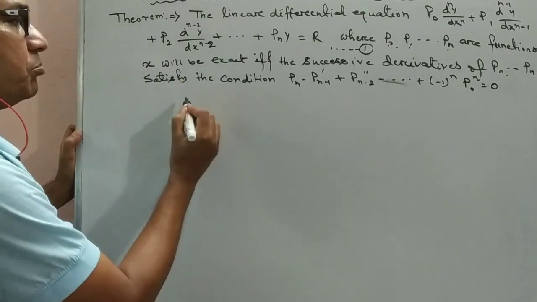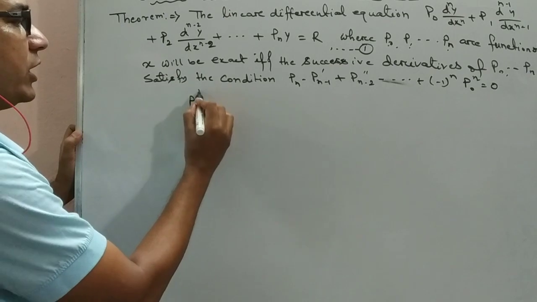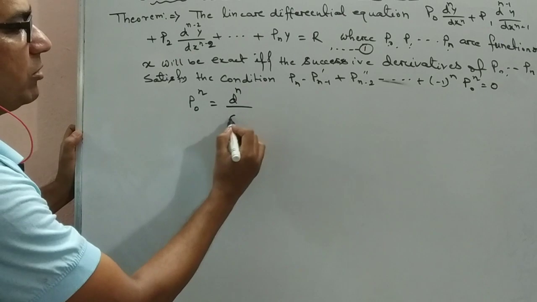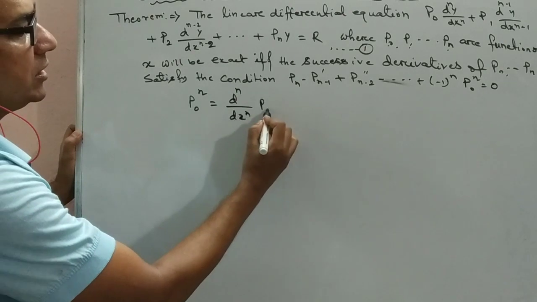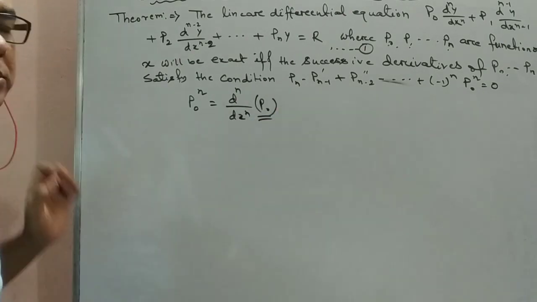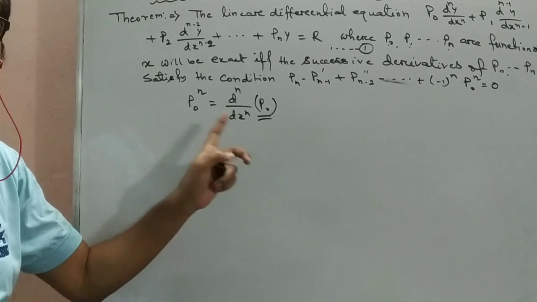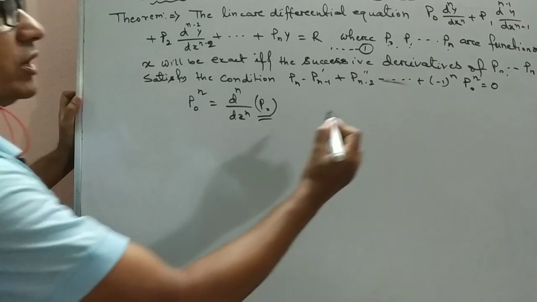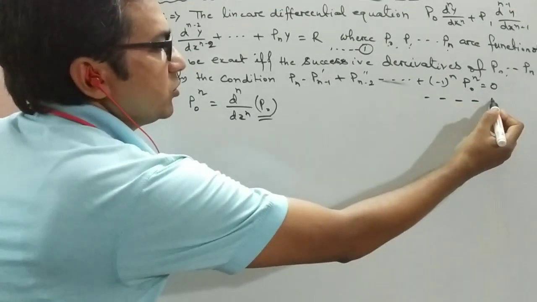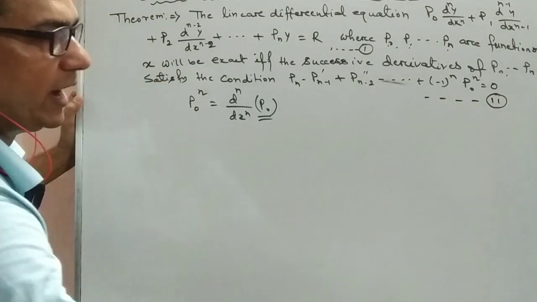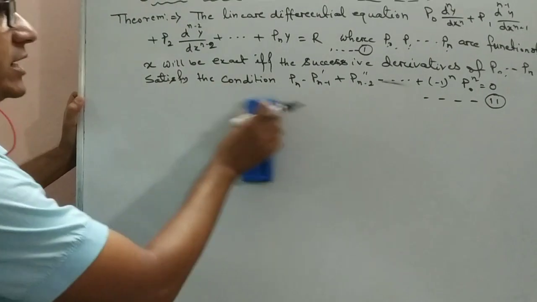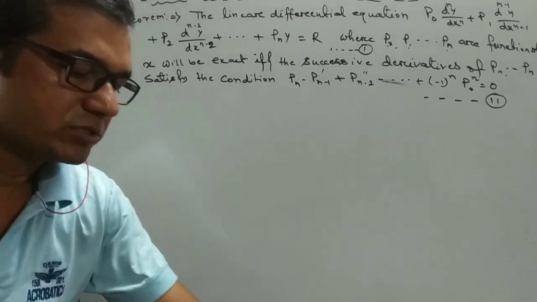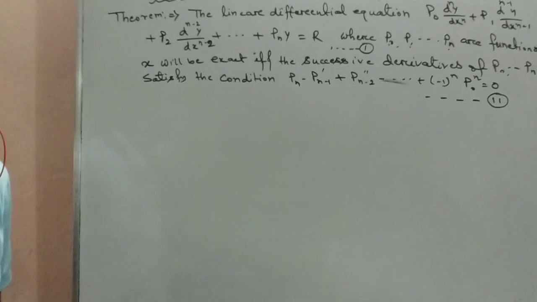Here P0^(n) means d^n by dx^n of P0. Since P0 is a function of x, we can differentiate it n times. We name this equation 2, and it is the necessary and sufficient condition for differential equation 1 to be exact.